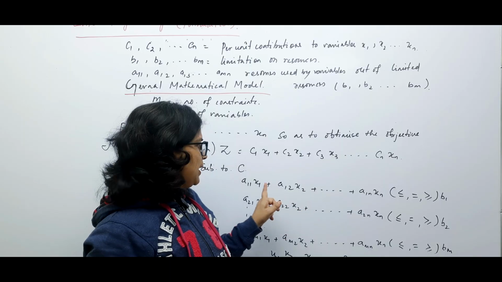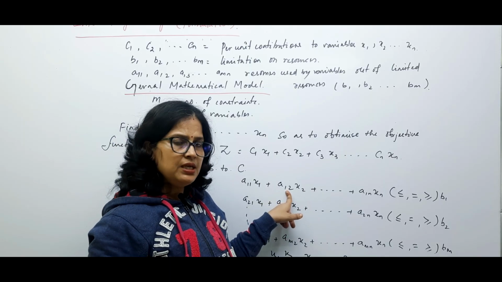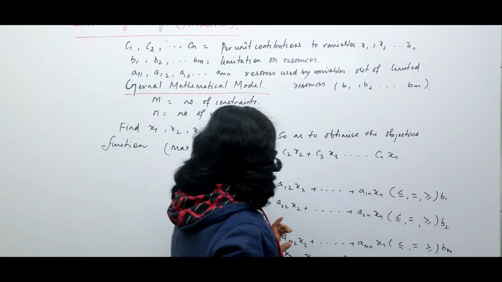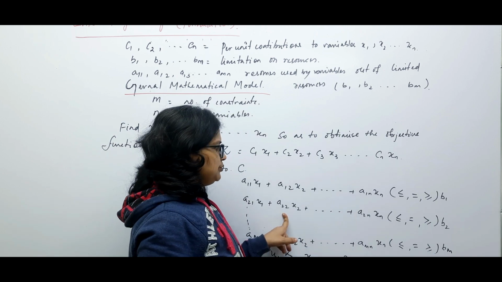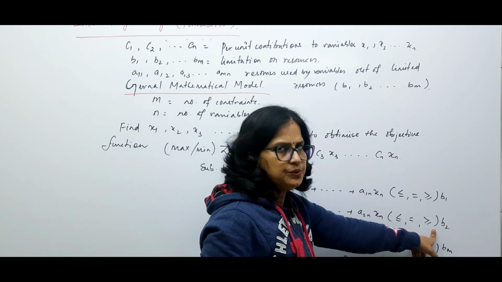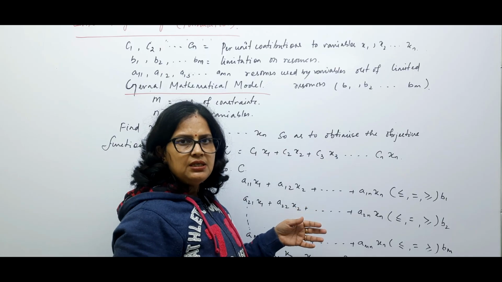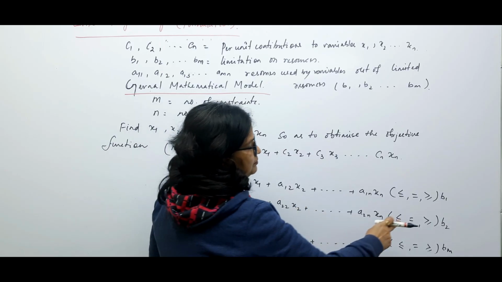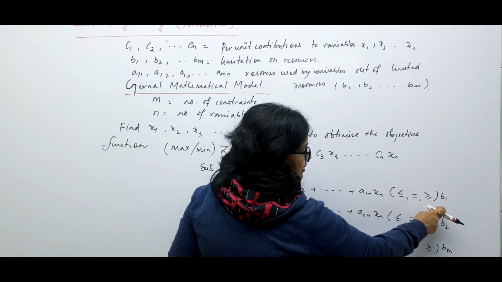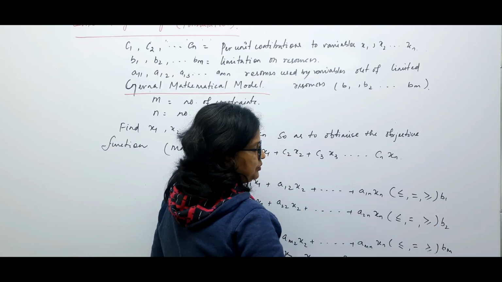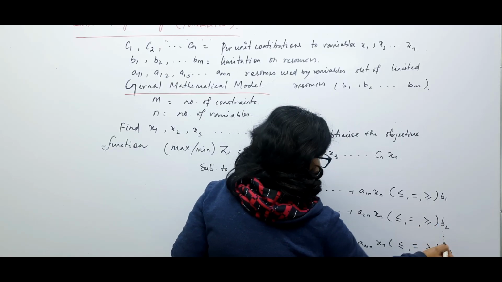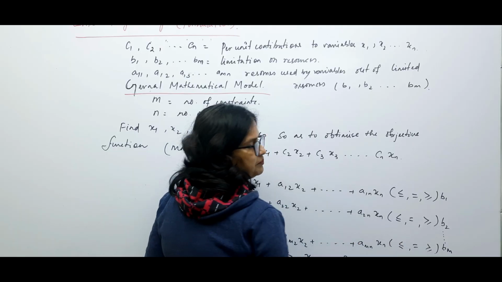So these are the part of the resources we are using out of B1. a21, a22 we are using out of B2. Like this we are using the resources from the limited resources B1, B2, B3 up to Bm.